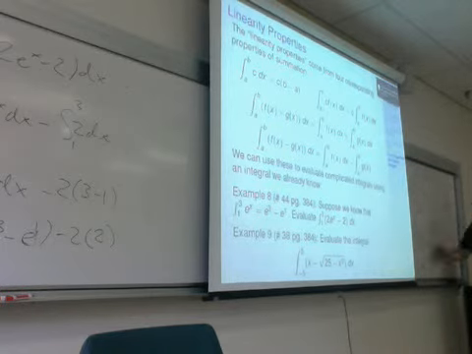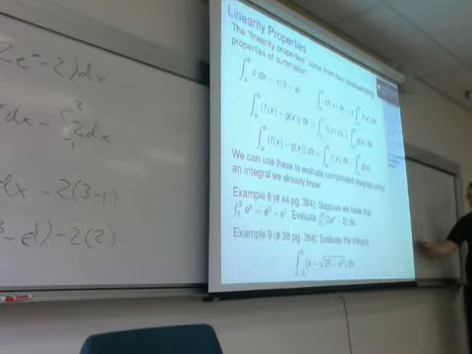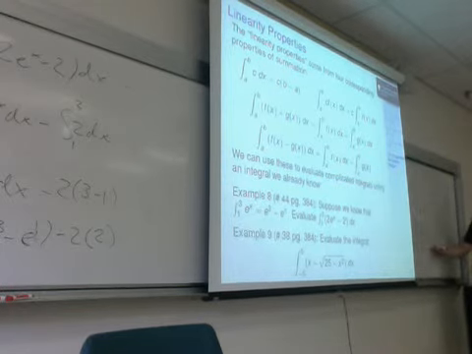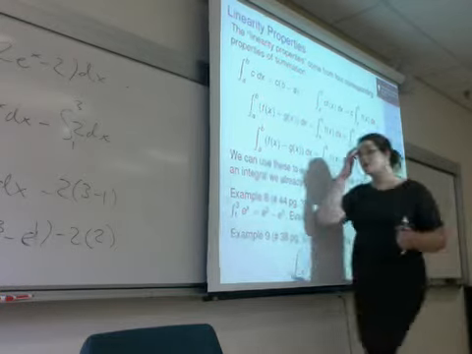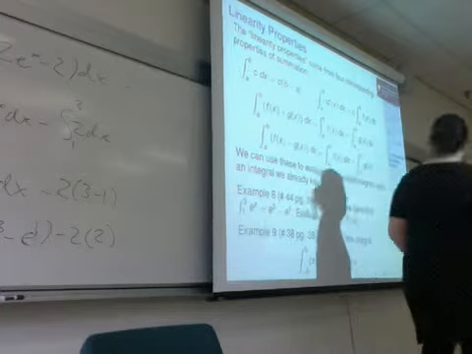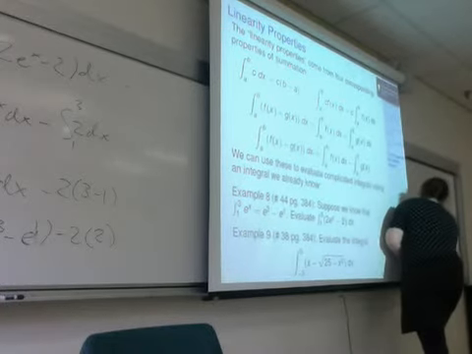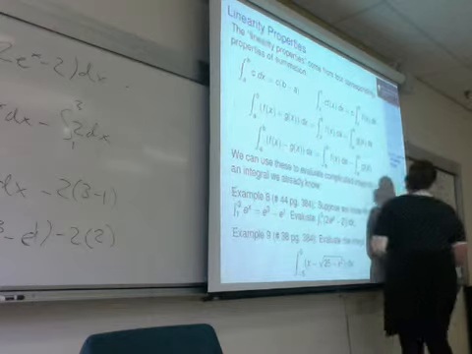The function y equals x is just a diagonal line. So if we're going from -5 to 5, we're really just talking about the area of two triangles.